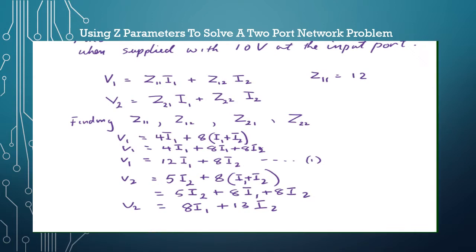Z12, from the equation for the voltage V1, will be 8. This will be ohms, of course. Z21, looking at voltage V2, will be 8 ohms. And Z22 would be 13 ohms.